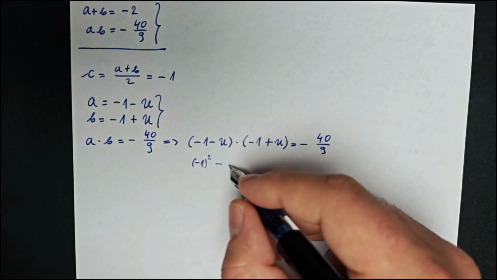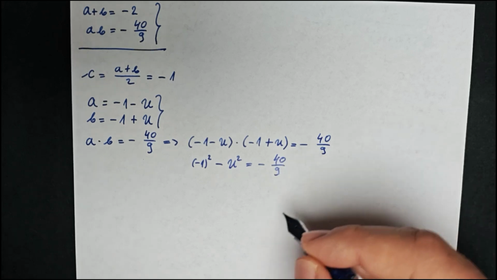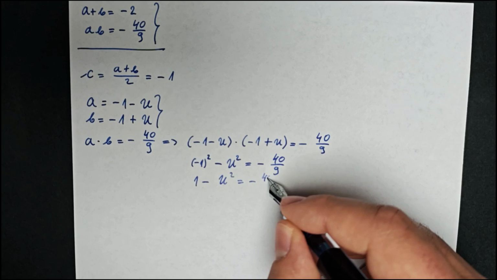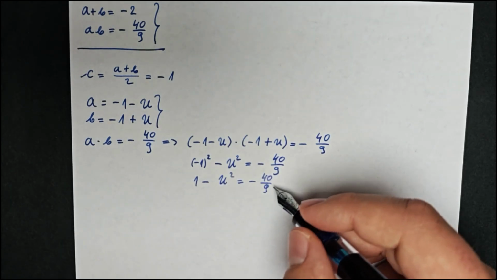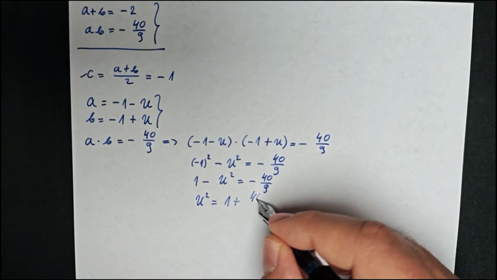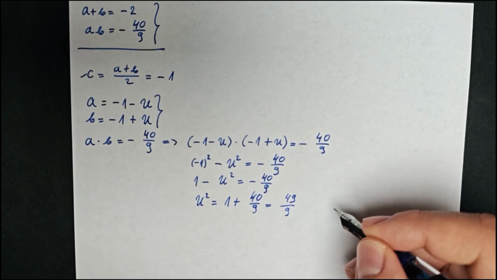We have minus here and u squared, minus 40 over 9. So 1 minus u squared is equal to negative 40 over 9, and then u squared is equal to 1 plus 40 over 9, which is going to give us 49 over 9.